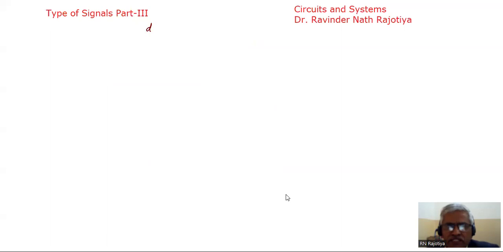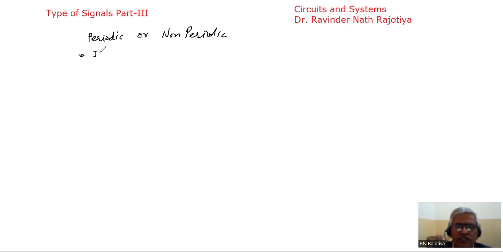Now, let's take up another type of signal. The last type of signal, let me write here, is that the signal can be periodic or non-periodic. So what exactly is a periodic signal?